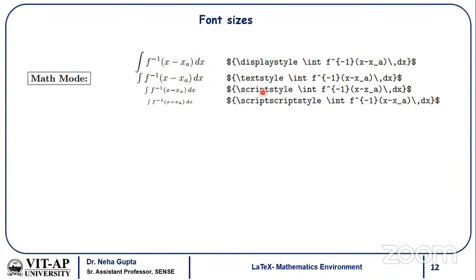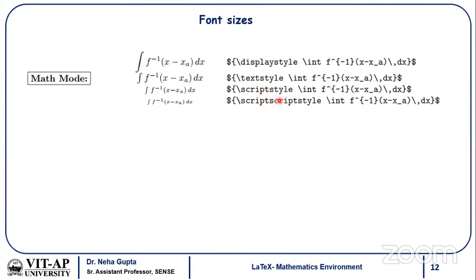Like always, we write the script of any variable with the help of underscore. That variable is smaller in size compared to the main variable. Similarly here, by writing script style, you get an expression which is smaller compared to your text.